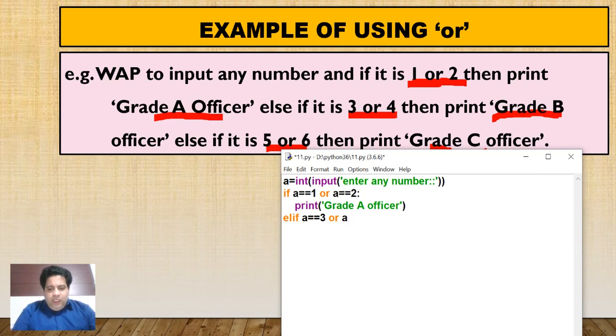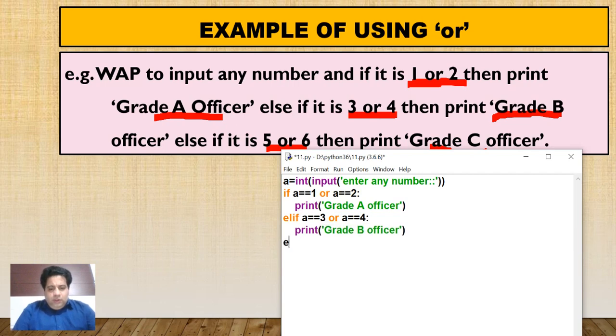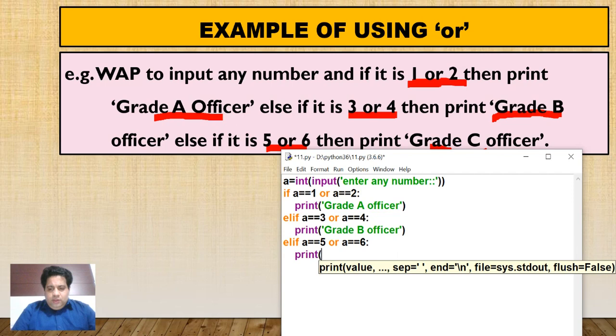You have to write A equal to 3 or A equal to 4. Print grade B officer. Elif A equal to 5 or A equal to 6. Let me write this statement, grade C officer.